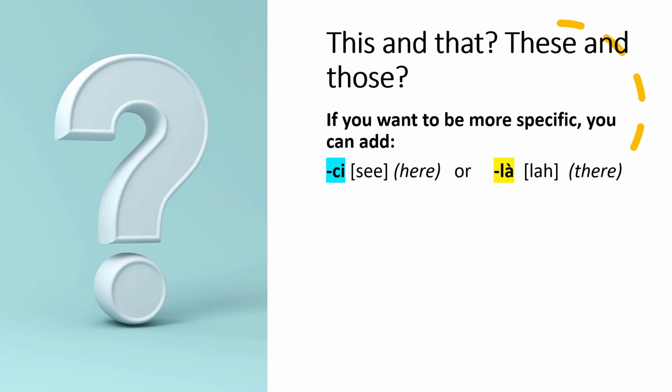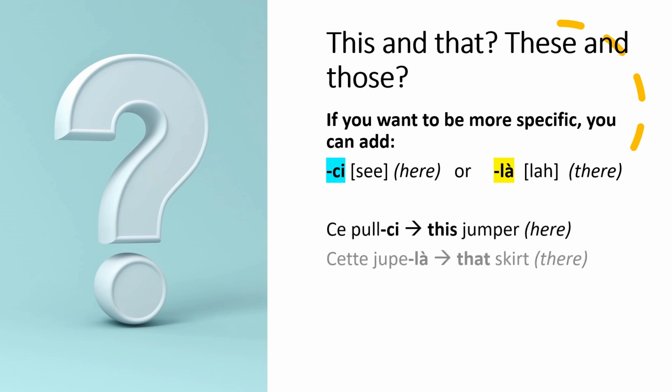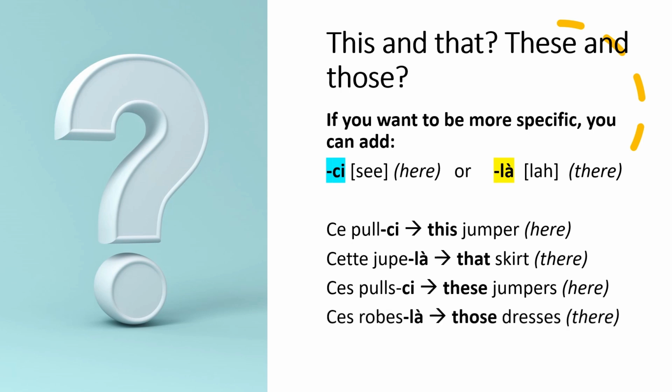Ci being the equivalent of this or these, and là being the equivalent of that and those. For example, ce pull-ci, this jumper. Cette jupe-là, that skirt. Ces pulls-ci, these jumpers. And in the feminine plural, ces robes-là, those dresses.